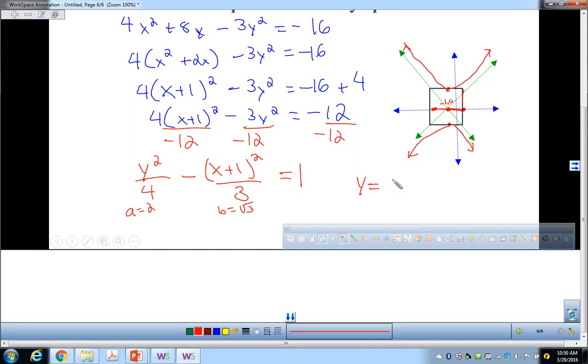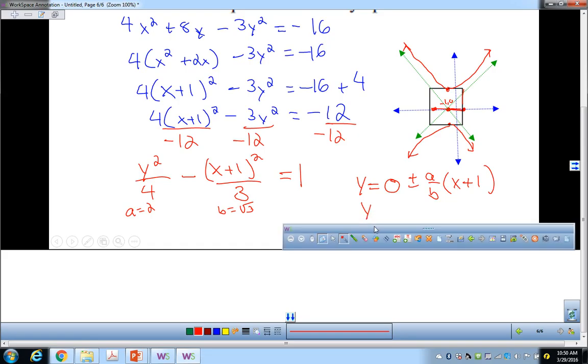So y equals, let's just write it like this, plus or minus a over b times x minus h, which in this case is -1, right? Okay? a, we determined, is 2, and b is the square root of 3.